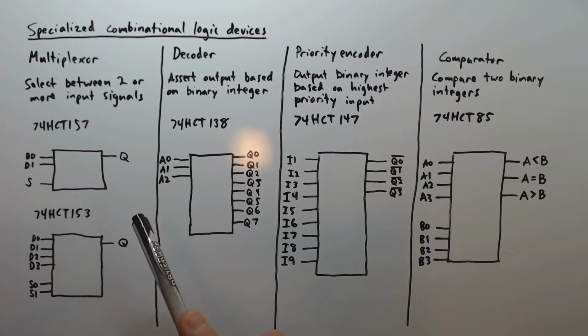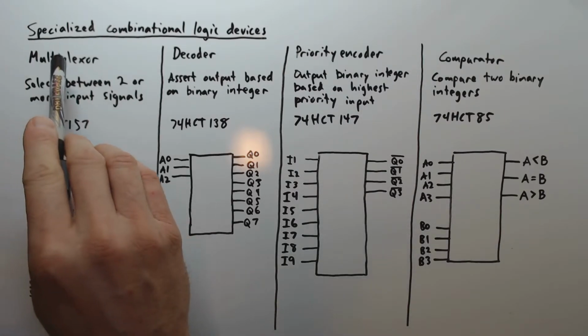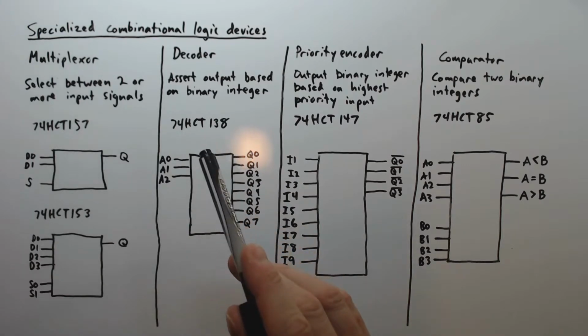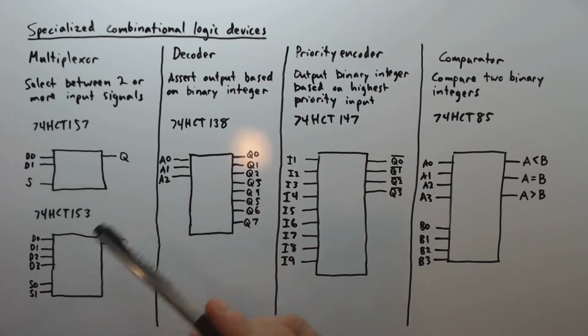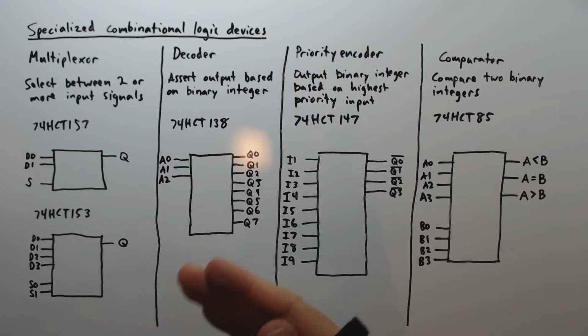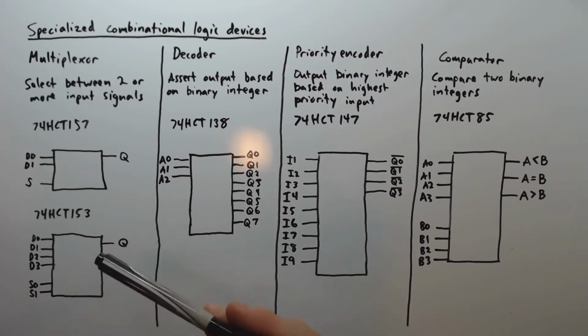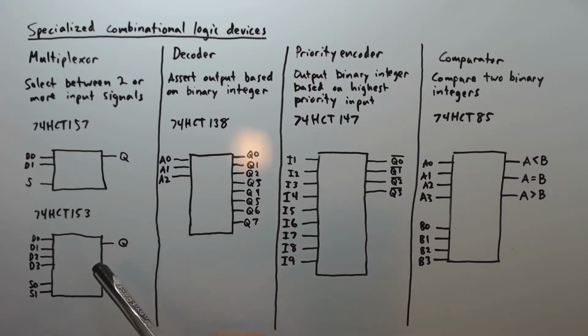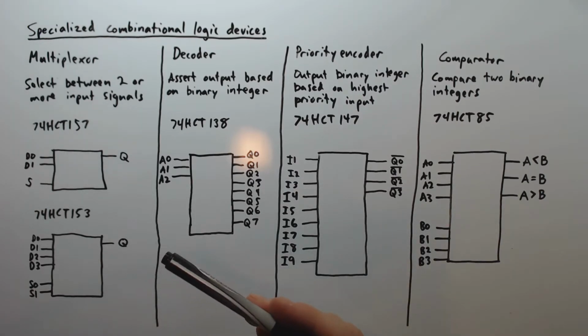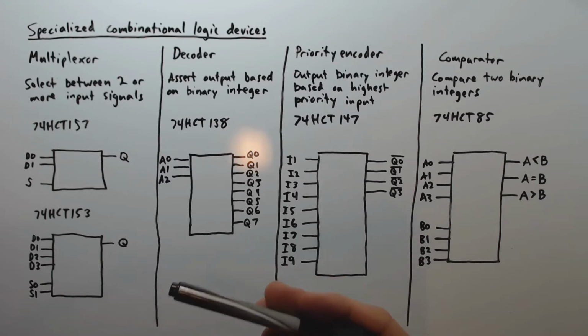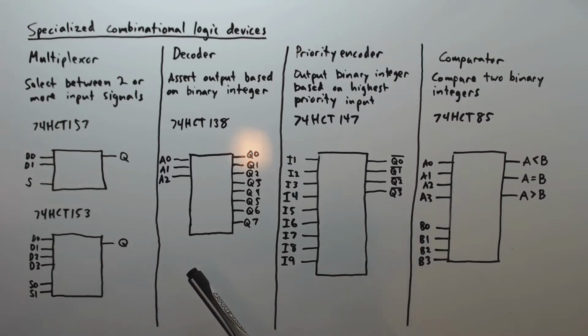And so for that reason, we have a variety of specialized combinational logic devices that are available that are essentially just combinational logic, built internally out of a whole bunch of logic gates, but in a single integrated circuit. And by using these specialized devices, that allows us to build useful functionality into the circuit, but reduce the number of integrated circuits that are necessary.